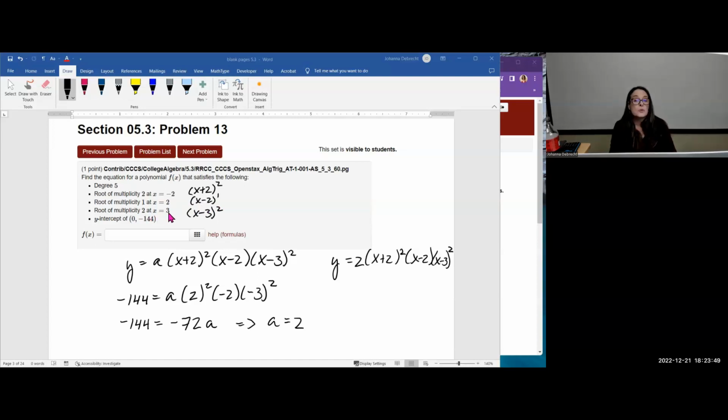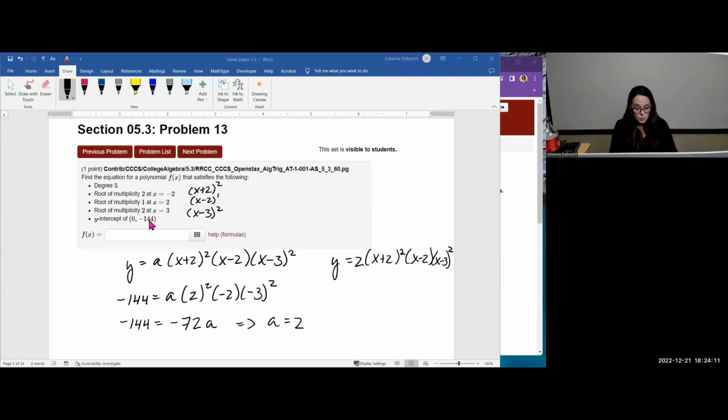If the solution, root or 0, is 3, then the factor is x minus 3, and multiplicity 2 gives it a power of 2. So we get this expression that you see here in the center. y equals a times (x + 2) quantity squared times (x - 2) times (x - 3) quantity squared.